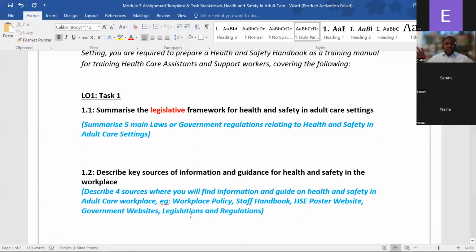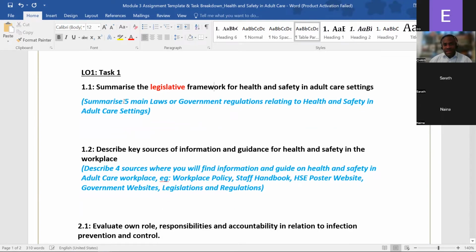What are the laws that govern working there, the working conditions, and how healthy and safe the place should be for the service users or the individuals or the residents? So to answer this question, we expect you to summarize 5 main laws or government regulations. Legislation or legislative framework means the laws or the regulations that govern it.